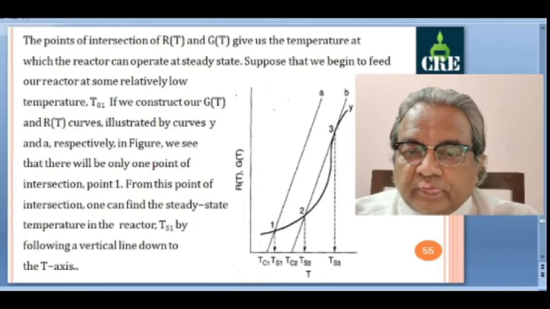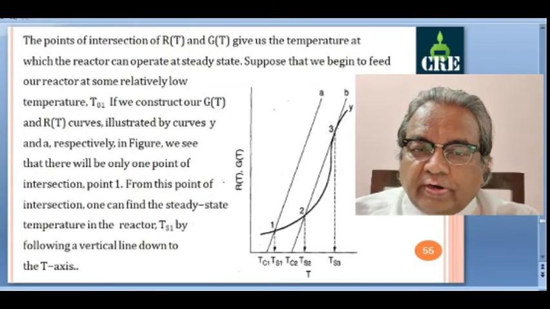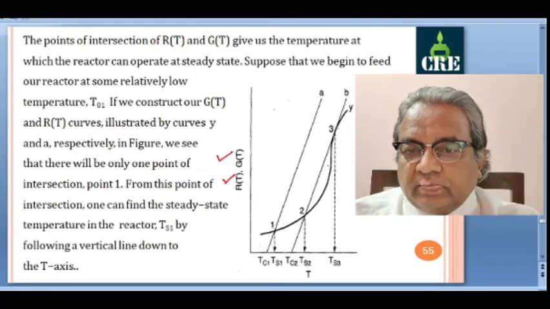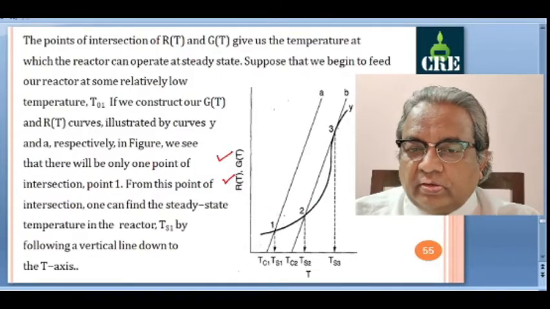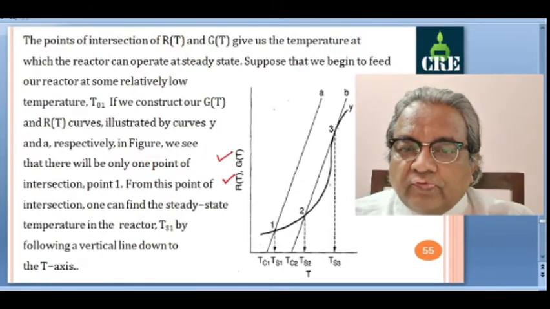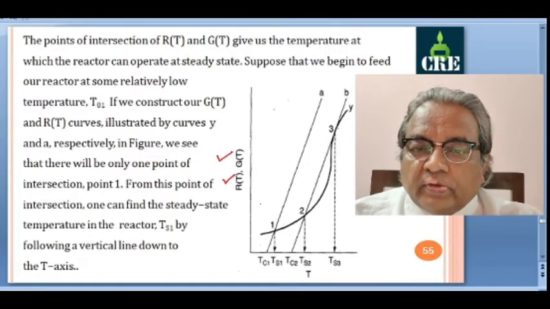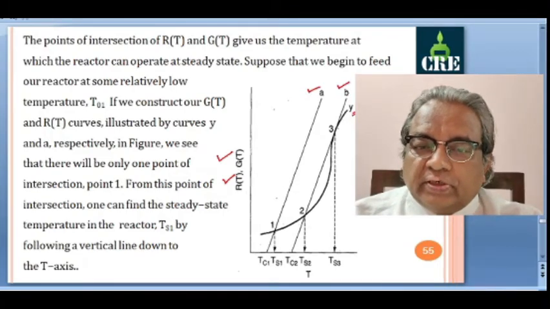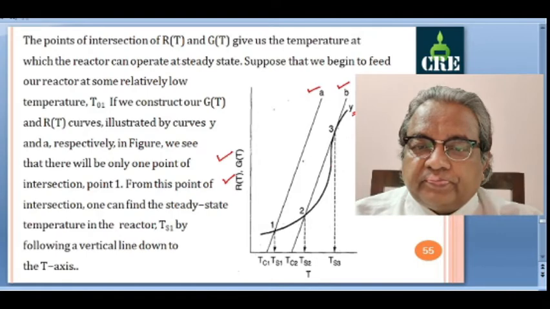Now we will see here the example where we have plotted the removal term as well as the generation term on the same plot. The removal term is always a straight line, and this is some kind of curve, mostly an S-shaped curve. So here if you examine this carefully, this removal curve we have denoted as A, the second removal curve we have denoted as B, and we have only one generation curve, that is this one.